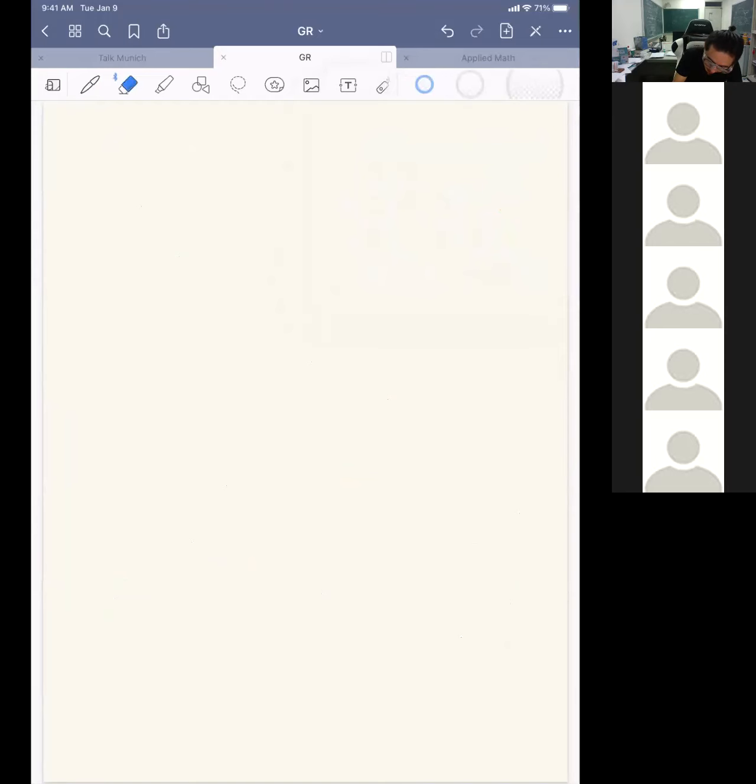Roughly speaking, remember that this was 2 over kappa squared. Now remember, we have the square root of the determinant of G. This is G mu nu here. There should be a minus. Your R, what is R?